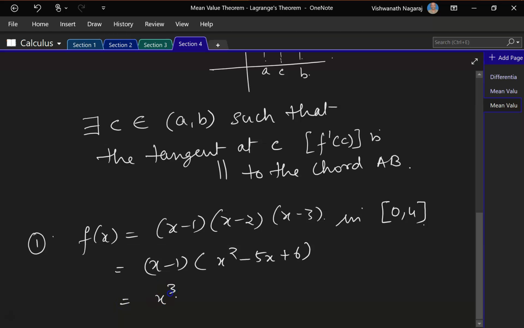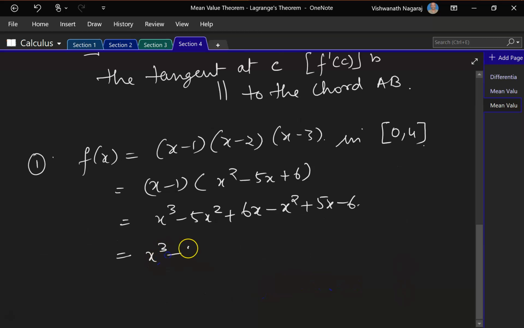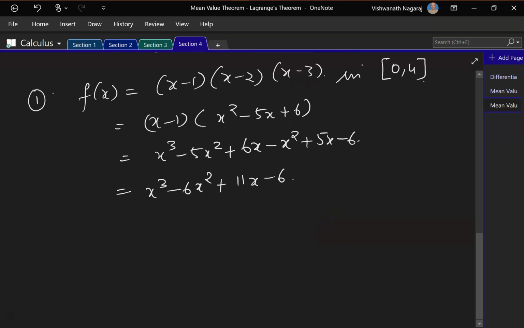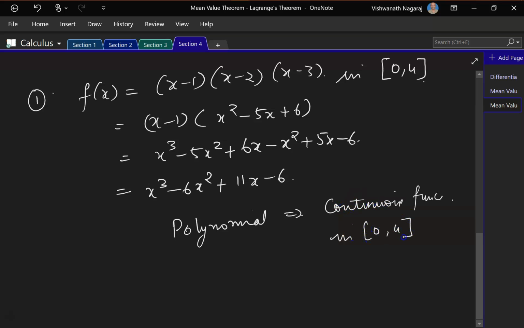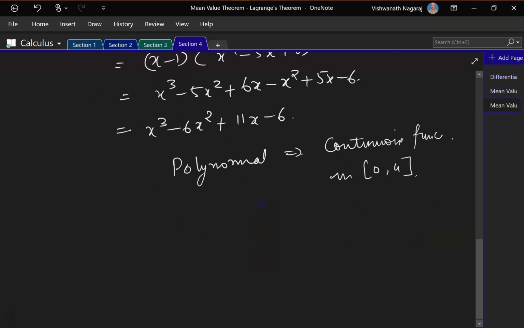Now x cube minus 5x square plus 6x minus x square plus 5x minus 6, which gives x cube minus 6x square plus 11x minus 6. Now this being a polynomial implies that it is a continuous function in [0, 4]. It is continuous in real numbers, but we are being specific to this interval.